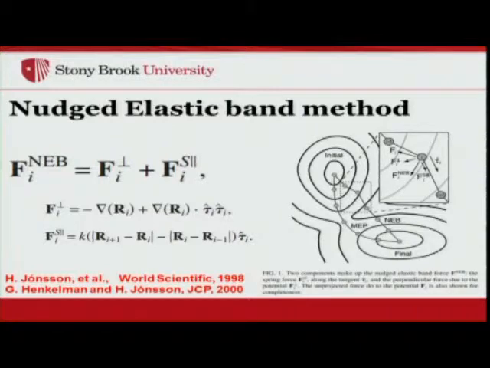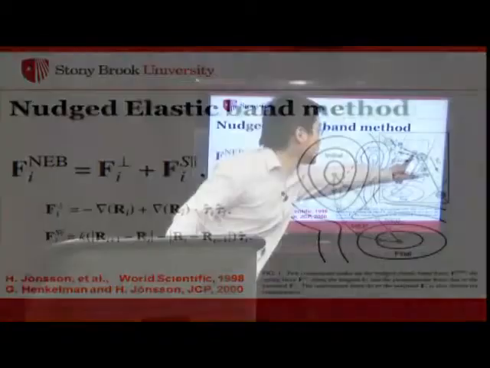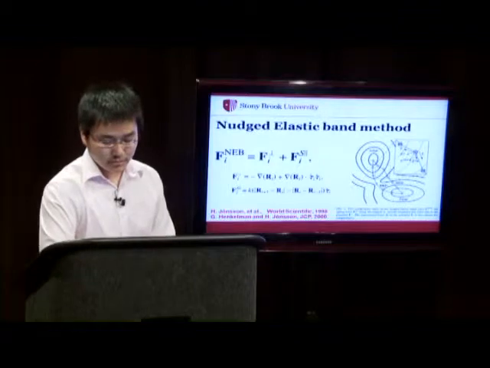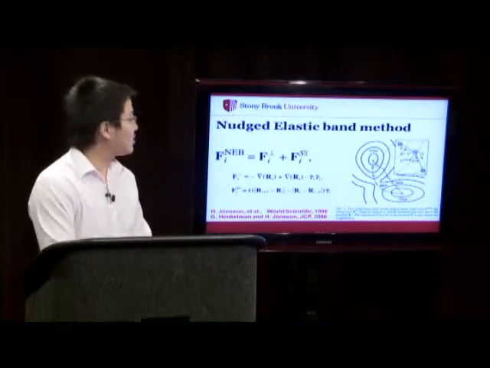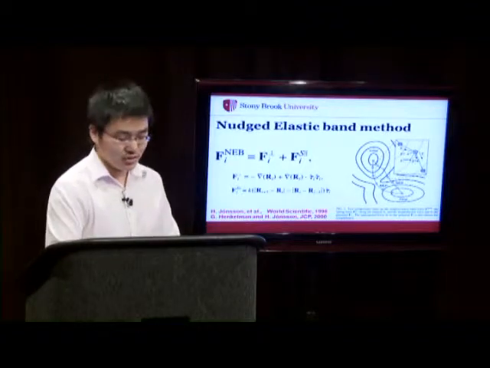So we need to set some artificial spring between the two images. The force provided by the spring, we call the spring force. And also, the band will converge to the MEP by the perpendicular force provided by the potential force. This method was proposed by Henkelman and Jónsson.